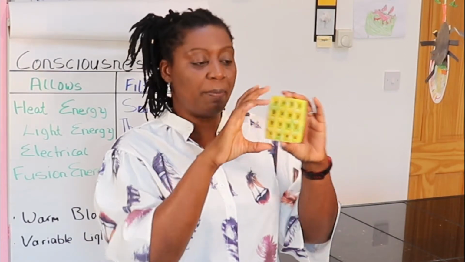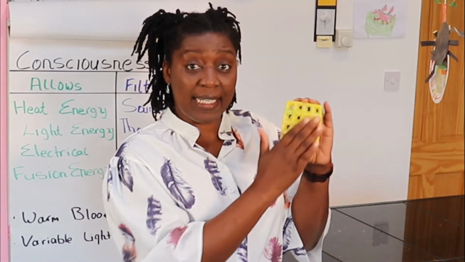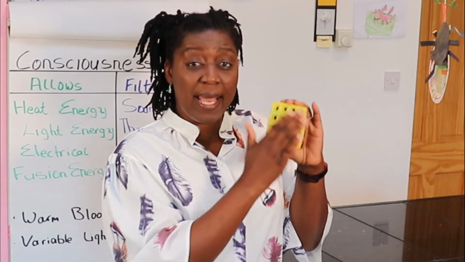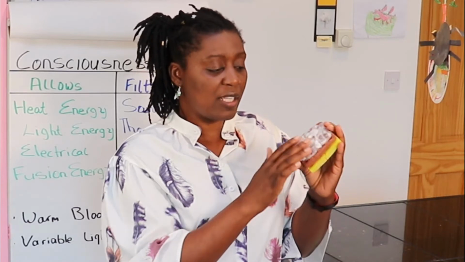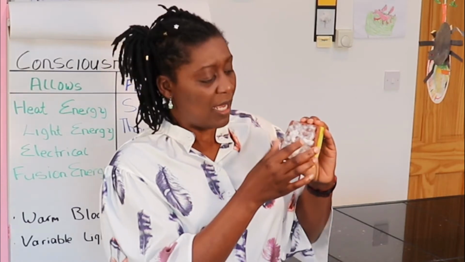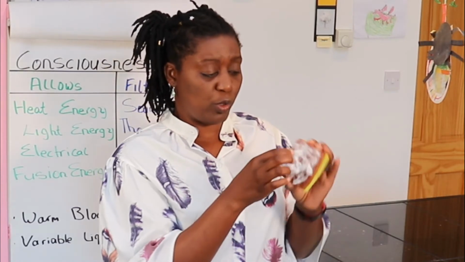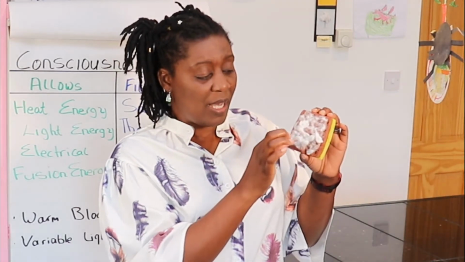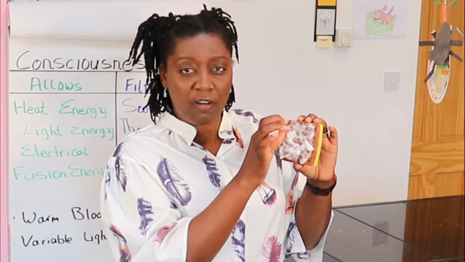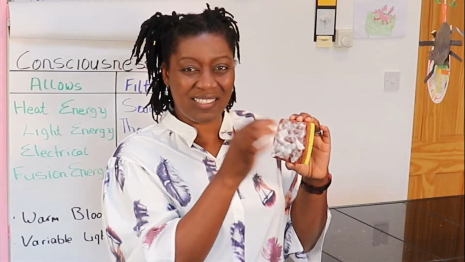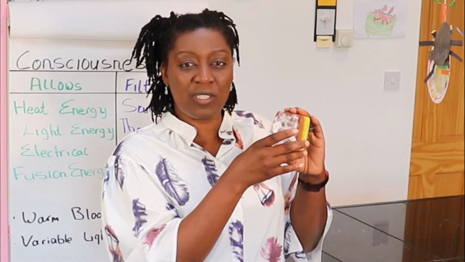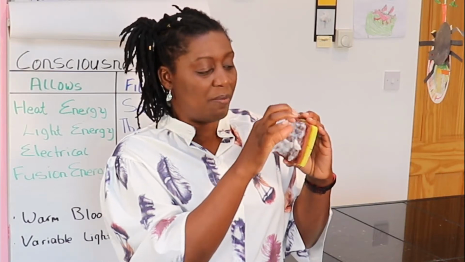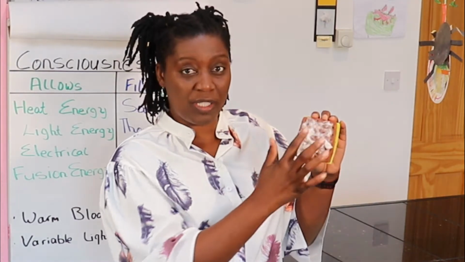And it's cuboid shape. One side is very smooth and reflective, and the other side has got hairs. I've used white cotton wool, but that's deliberate because I wanted you to see that it's not that it's rough, it's that it's got thousands and thousands of tiny hairs on the other side.